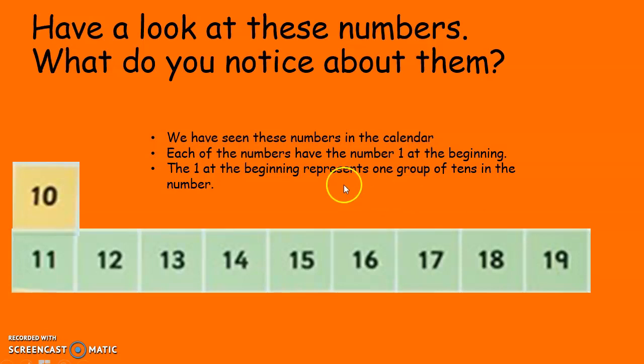So, first of all, we've seen these numbers before, haven't we? We've seen them in the calendar. Secondly, each of the numbers have the number 1 at the beginning. As we can see, look, we've got 1 at the beginning of 10, 1 at the beginning of 11, 12, 13, all the way to 19. The 1 at the beginning represents one group of tens in the numbers.